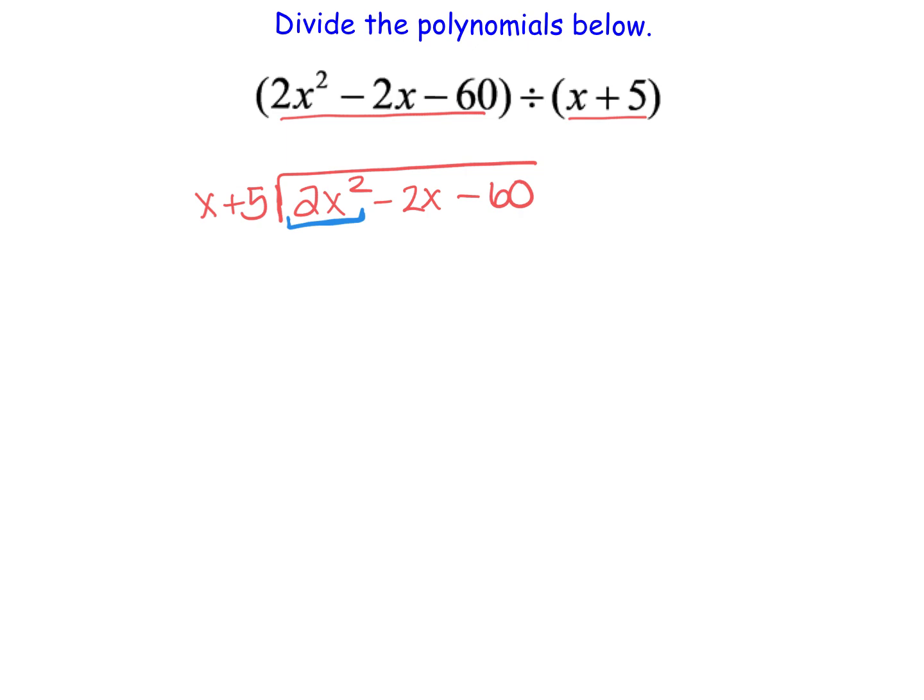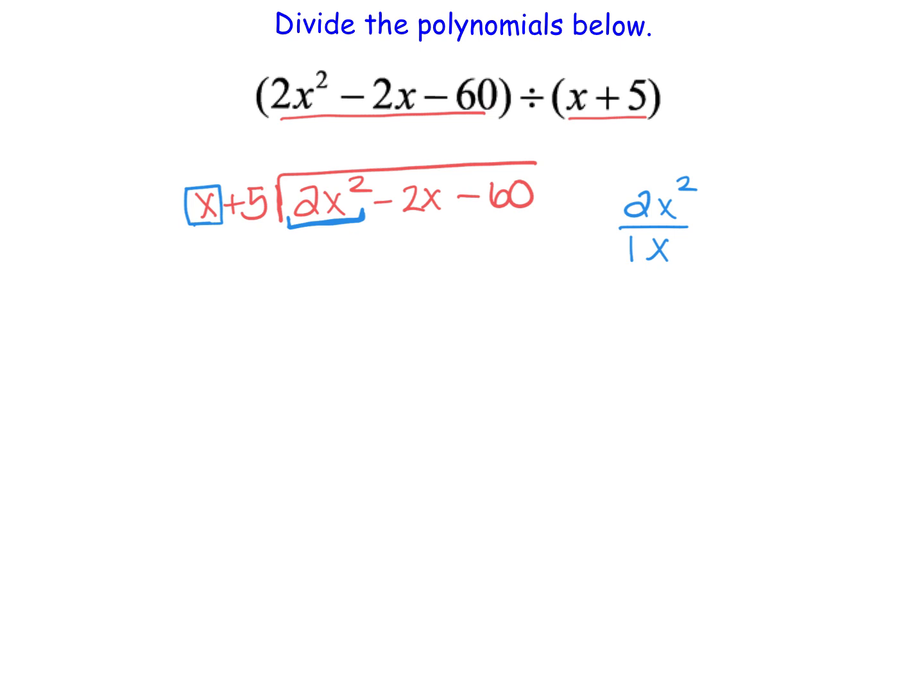So what I'm going to do is take 2x squared, that first term in my inside polynomial there, and divide it by the first term in my other polynomial, which is x. Now, remember that the coefficient of x here is just 1. So essentially what we're trying to figure out is x times what will give me that 2x squared.